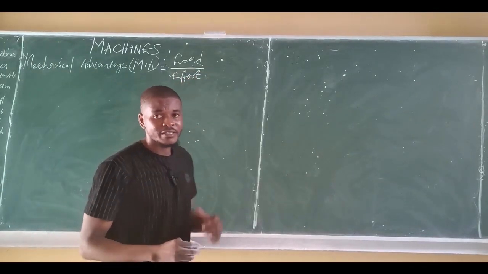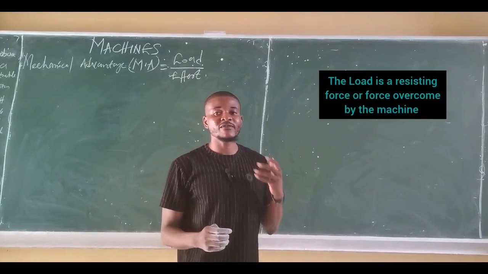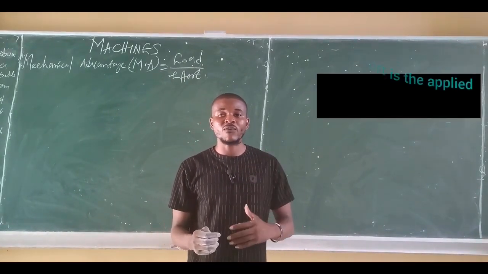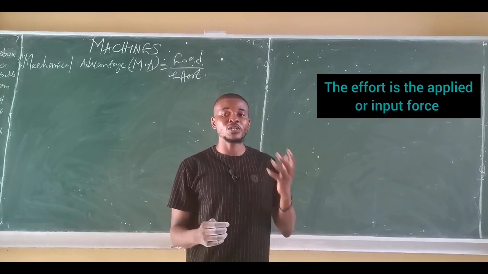It is important to know that the load is simply a resisting force, the force which is overcome by the machine, whereas the effort is simply the force which is input into the machine.